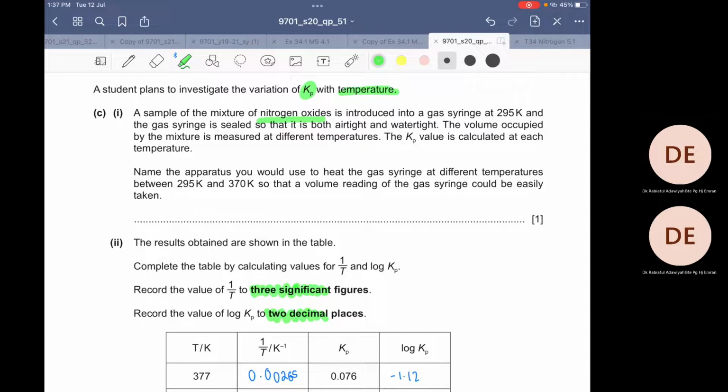So they use the term thermostatically controlled water bath. So it's easier to use a water bath that has a thermostat. What a thermostat is, basically it controls temperature.